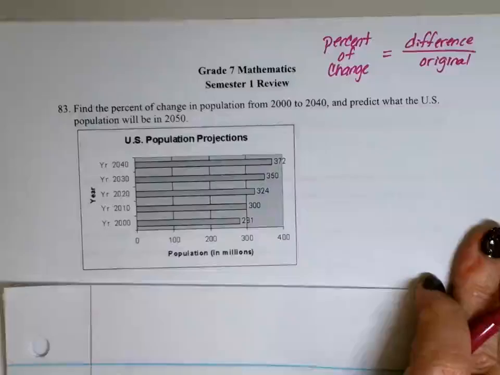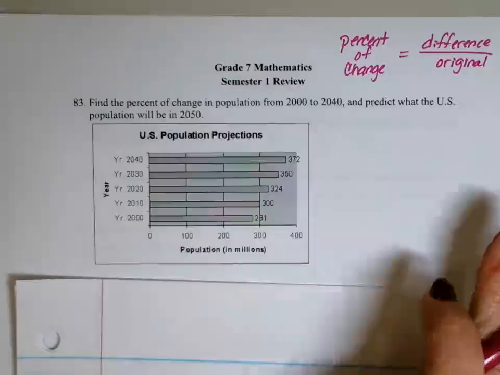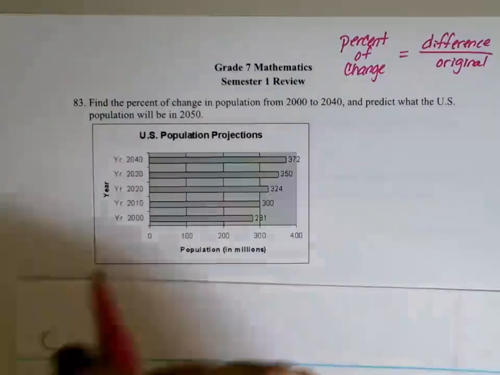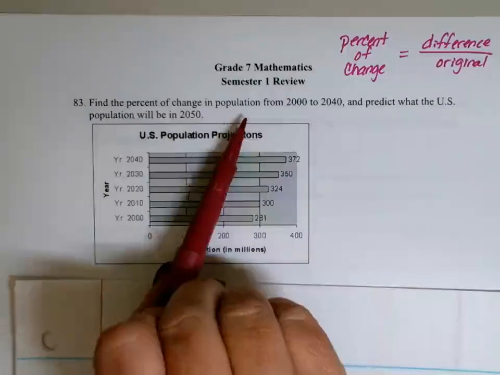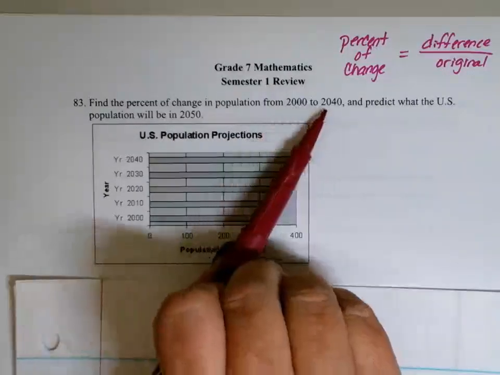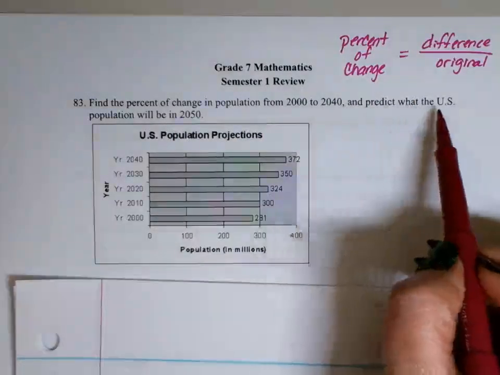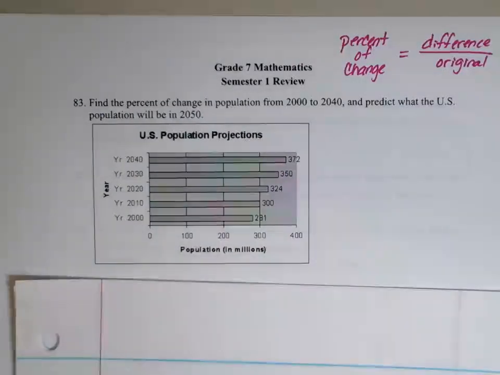Okay? So now let's look at this problem. Find the percent of change in population from 2000 to 2040 and predict what the U.S. population will be in 2050. Okay?